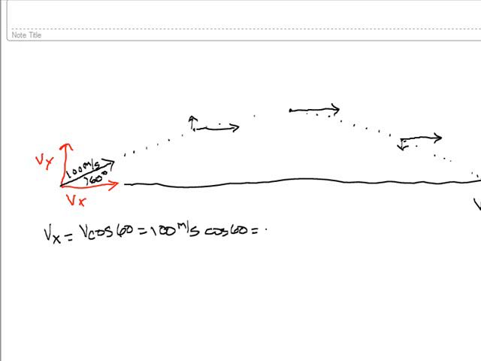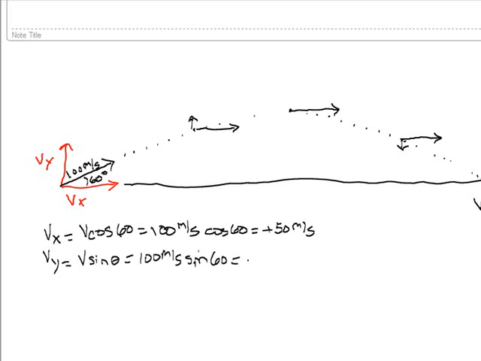That gives us an initial Vx of positive 50 meters per second. Vy is equal to V sine theta, or 100 meters per second times sine of 60 degrees.